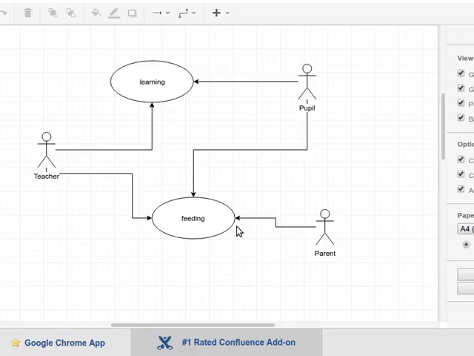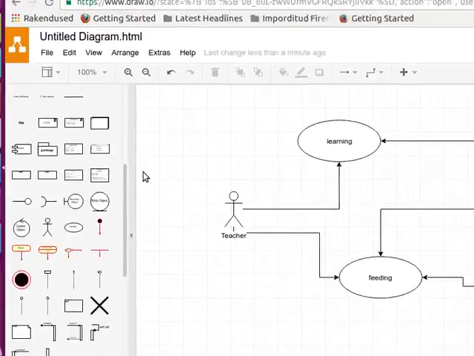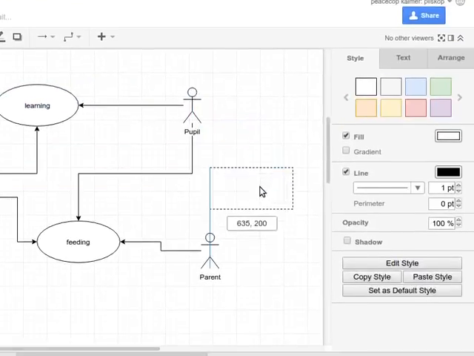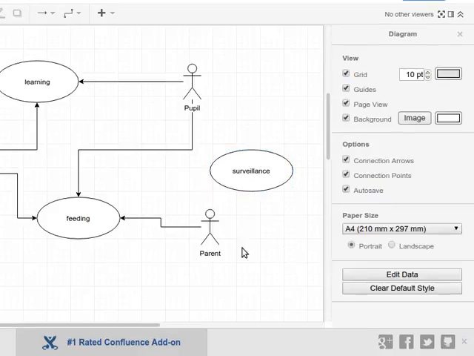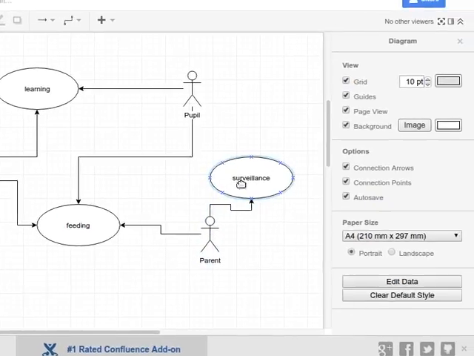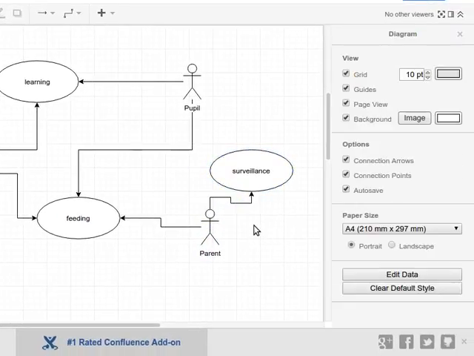No, parent does feed the pupil at home, not here. Maybe parent can be involved in the learning process by live stream, by surveillance. What is meant by surveillance? Watching what pupil is doing here.